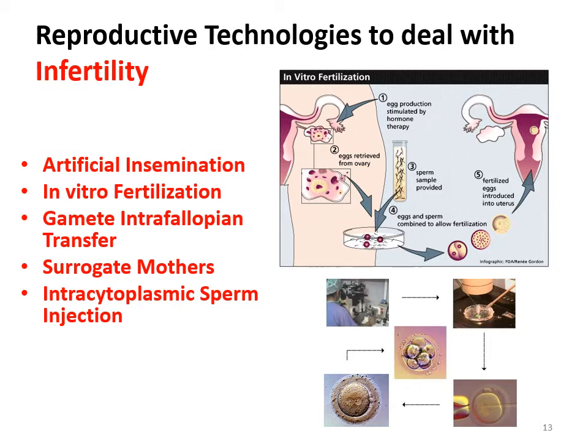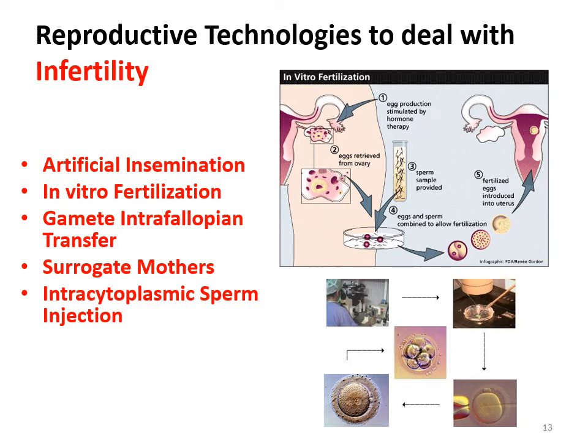There's also gamete intrafallopian transfer. That's the same as in vitro fertilization, except instead of being placed in the uterus, the zygote is inserted into the oviduct, and then it has to travel into the uterus on its own and try and embed there.